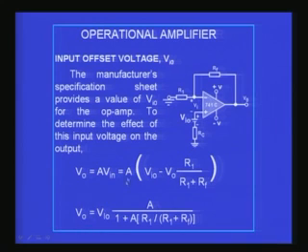If I simplify this, you can see VO is equal to VIO multiplied by A divided by 1 plus A times R1 by R1 plus RF.